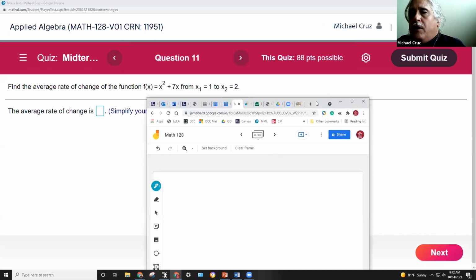In other words, you've got to find the values that are going to go in the numerator. The denominator is going to be 2 minus 1. Let's do f of 2, which is 2 squared. I'll tell you what, let me make that a little bit better.